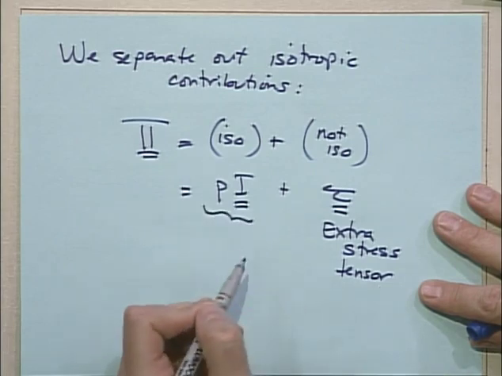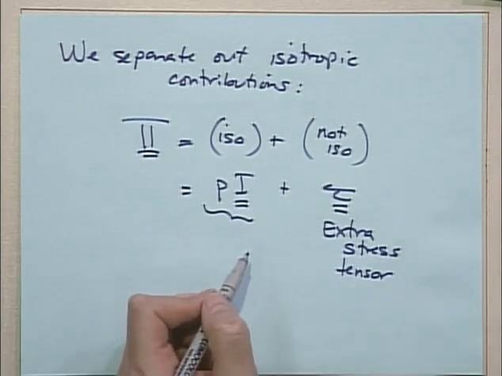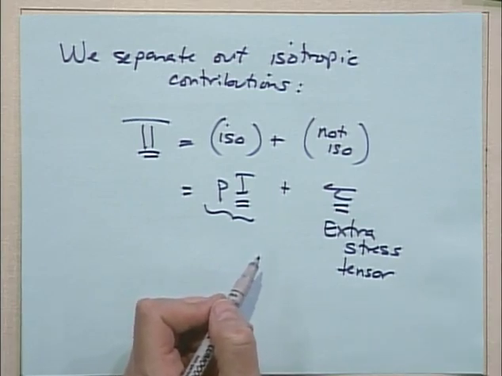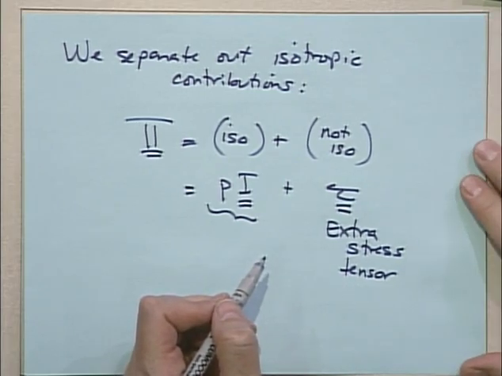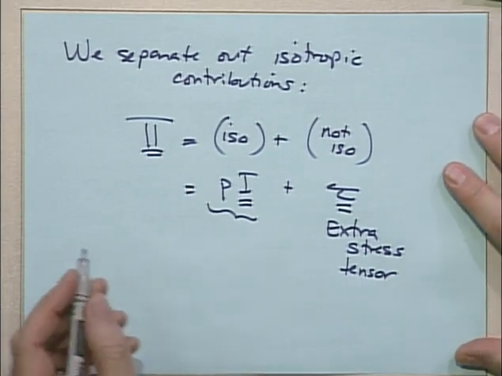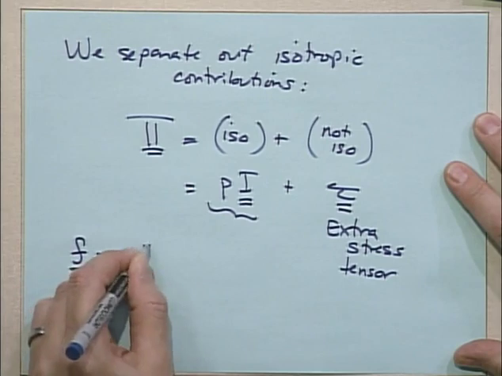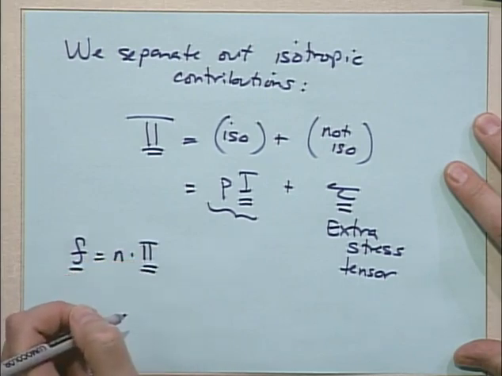Why can pressure be written like this? I said that isotropic meant that no matter what surface I pick, I'll get the same stress. Okay? Watch this. This is actually really neat. The force on any surface is n dot the stress tensor. We just derived that.